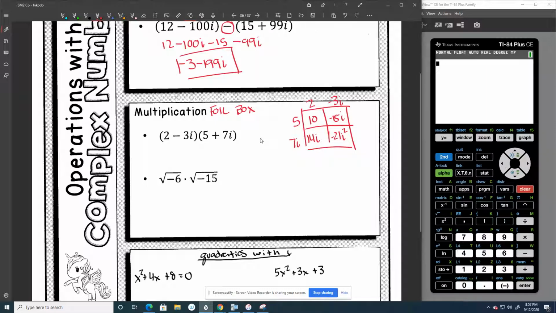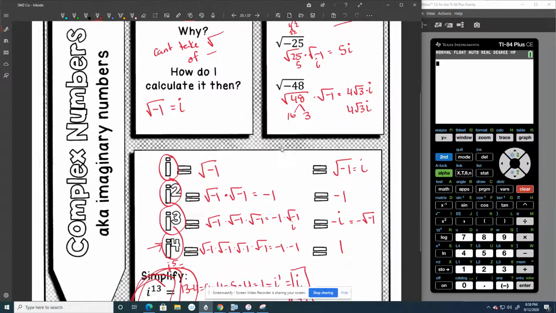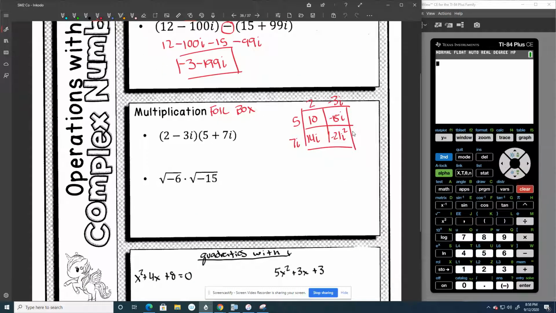Now, before I start writing these down, that i squared creates an interesting change here. Remember back on our last slide, i squared is actually equal to a negative 1. So this negative 21i squared is actually negative 21 times negative 1, which is just positive 21.